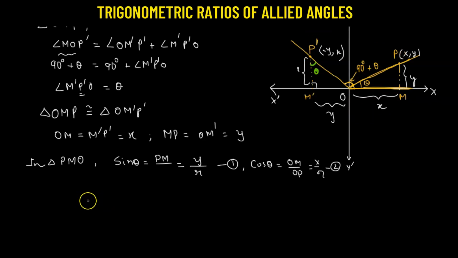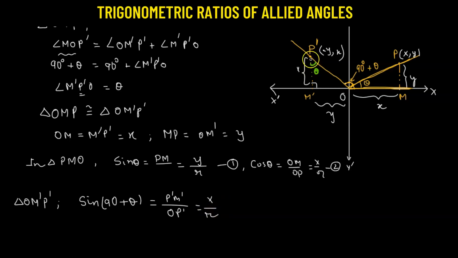Now, in order to find out the trigonometric ratio sine of 90 plus theta, we'll have to use the triangle OM prime P prime. So here we have sine of 90 plus theta. That's defined by the perpendicular, which is P prime M prime, divided by the hypotenuse, which is OP prime, which will be equal to X divided by OP prime.